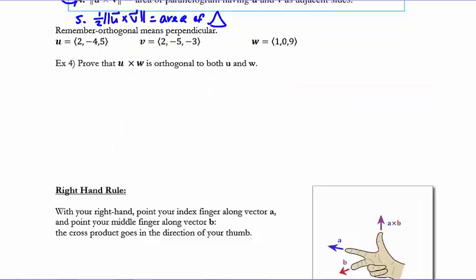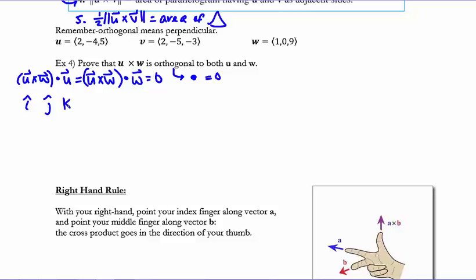All right, so let's say I want to show that u cross w is orthogonal to u and w. Well, orthogonal means perpendicular, and things that are perpendicular have dot products that equal 0. So I want to show that u cross w dotted with u and u cross w dotted with w both equal 0. First I need to find u cross w.